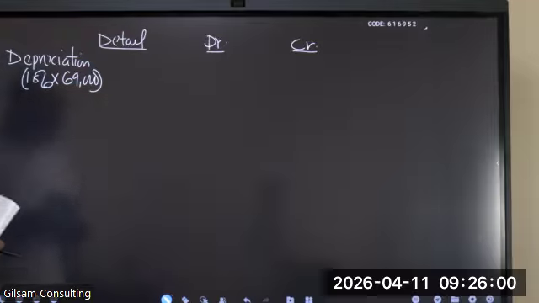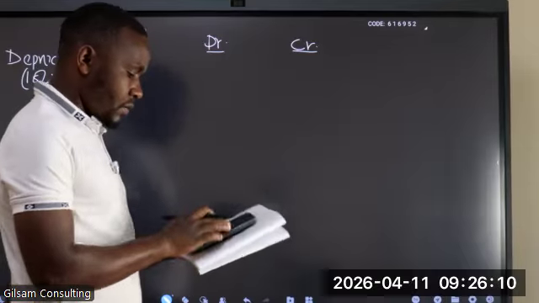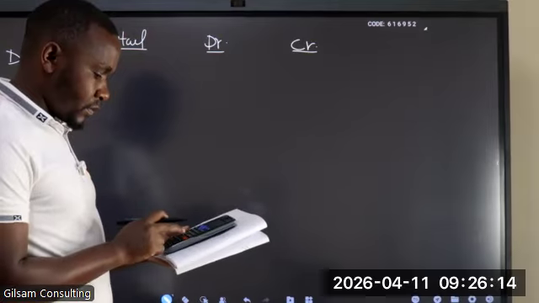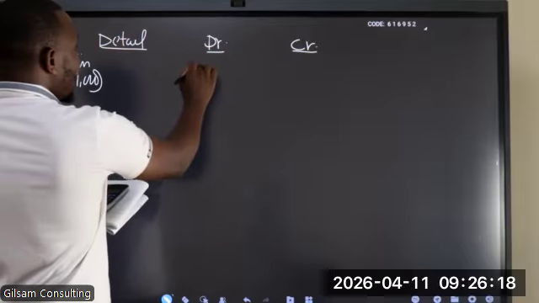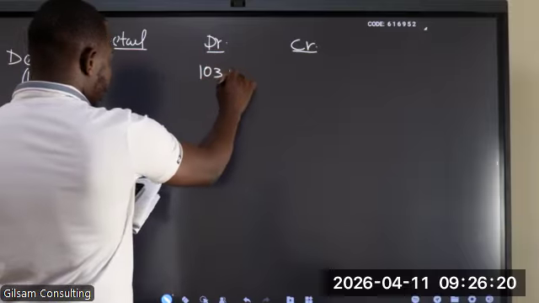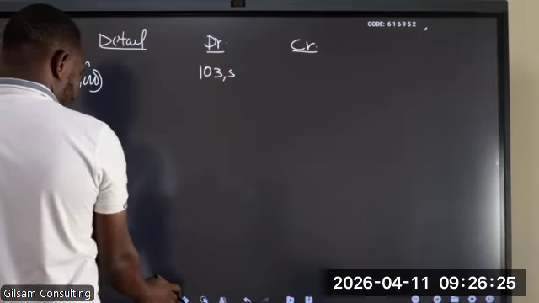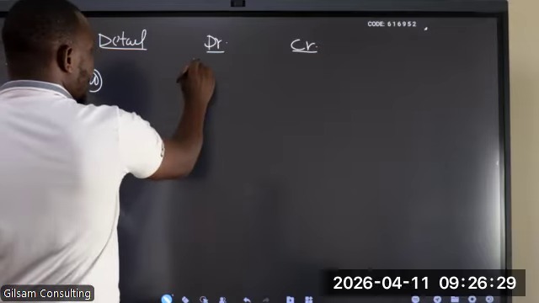So 15% of 69,000, giving us 10,350. We debit 10,350.